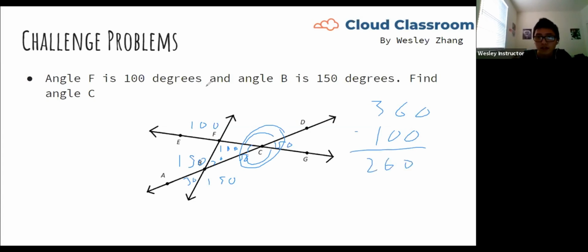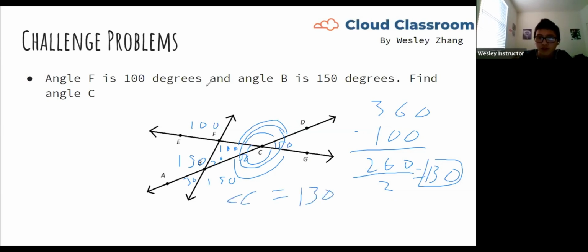So this angle here and this angle add up to 260 degrees, but they are equal. So I divided by 2, and that equals 130. So angle C equals 130 degrees. So that's my answer.